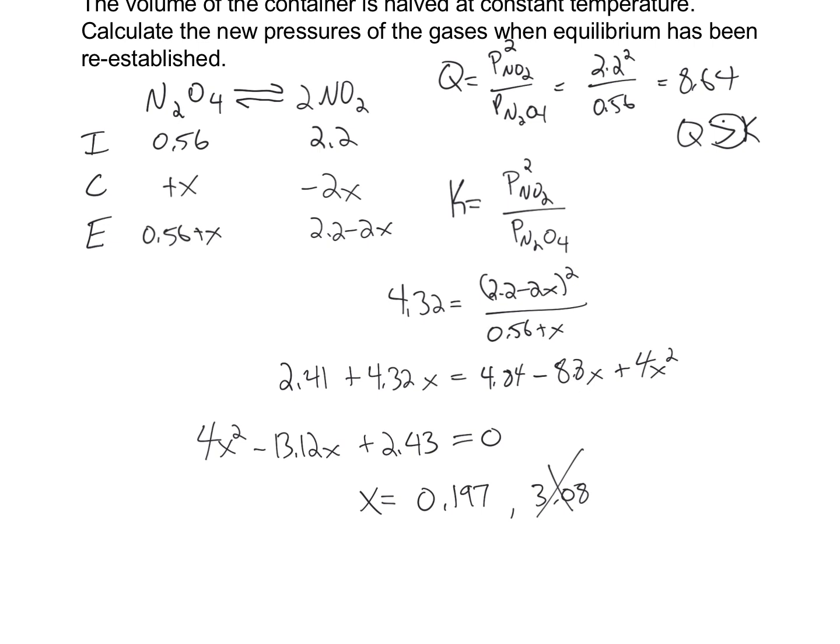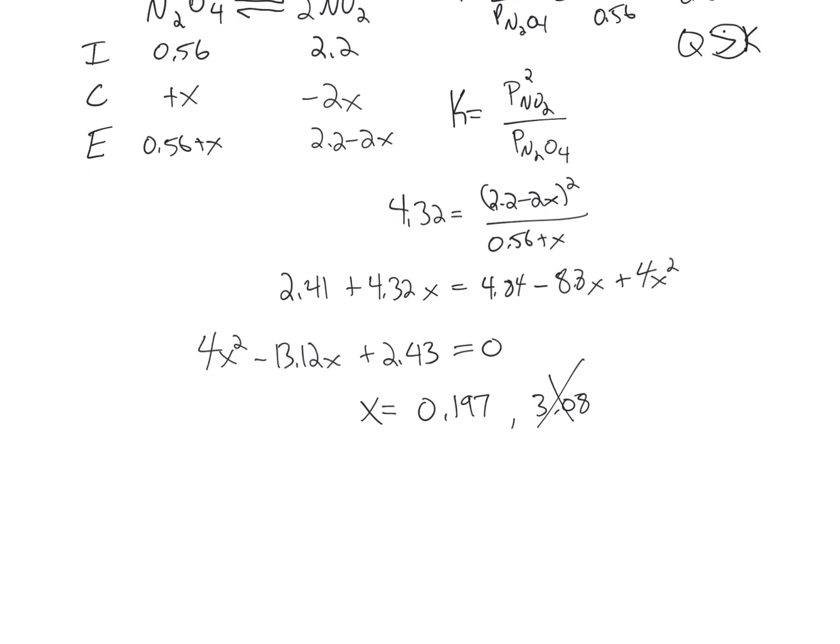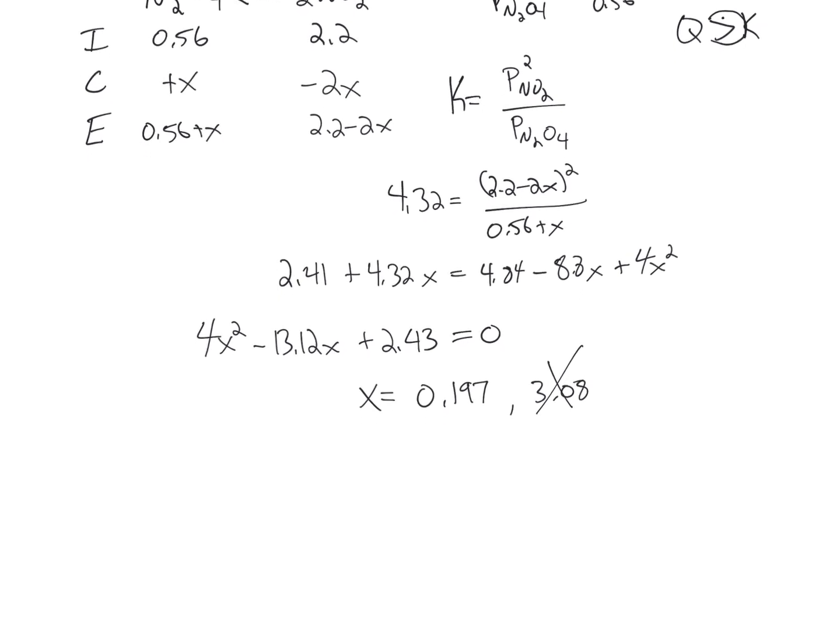And so now we just have to use the x that we found that's going to be valid, combine those with these expressions, and we can get the equilibrium partial pressures of the NO2 and the N2O4. So the partial pressure of N2O4 at equilibrium is going to be 0.56 plus x, or that's 0.56 plus 0.197.